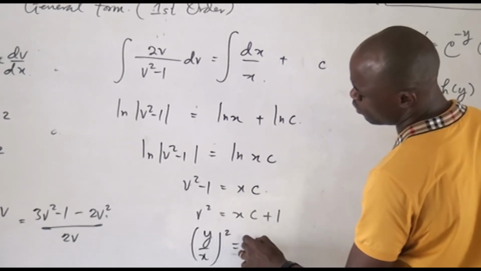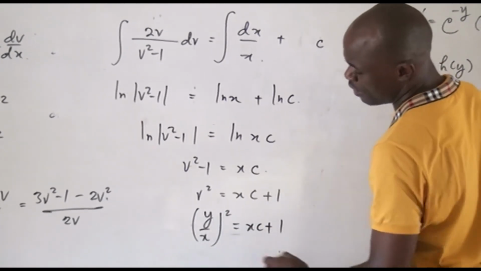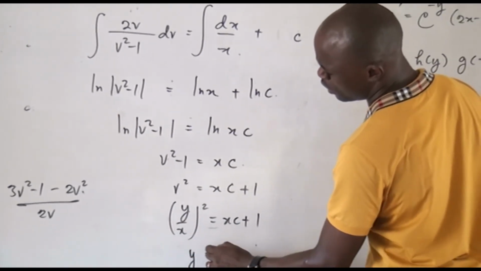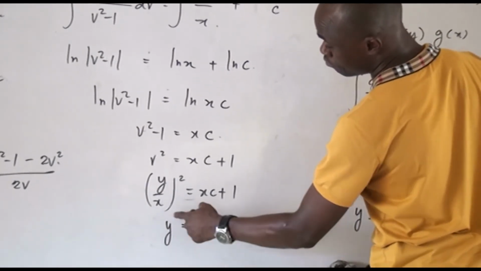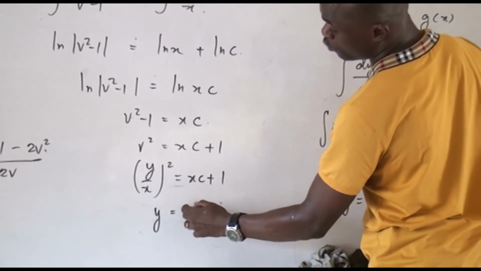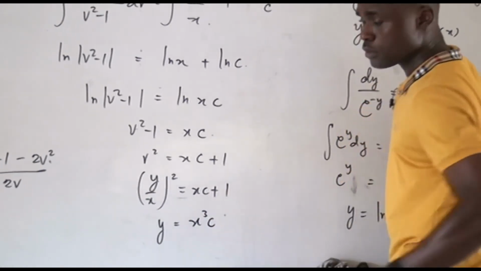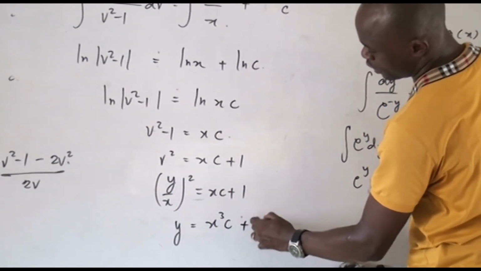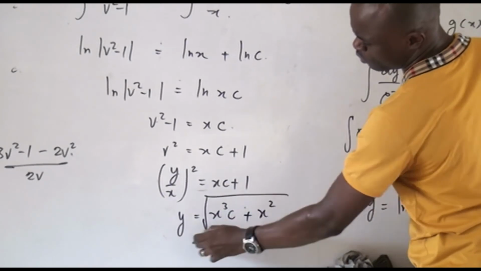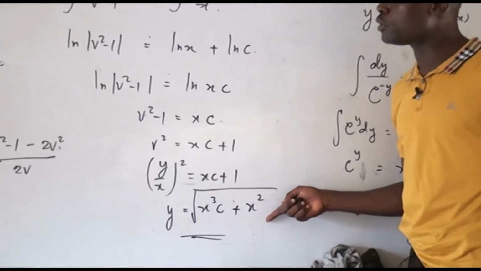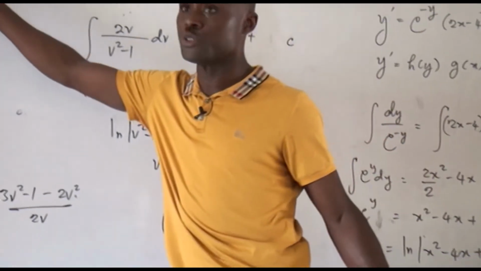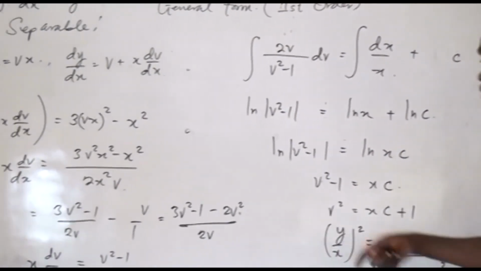So y over x squared equals xc plus 1, and we have our final answer: y squared equals x cubed c plus x squared, or you can say y equals the square root of that. So this is the general solution to this equation.